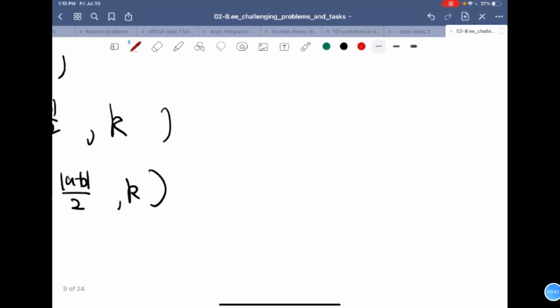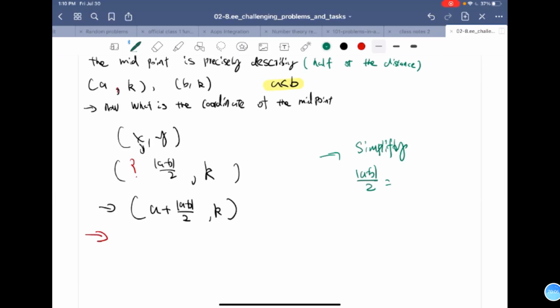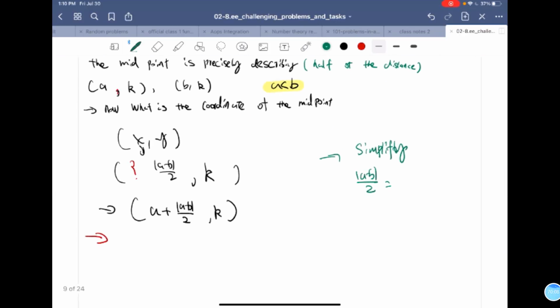Alright, now your task is to simplify the absolute value of A minus B, given that B is greater than A. B minus A divided by 2.